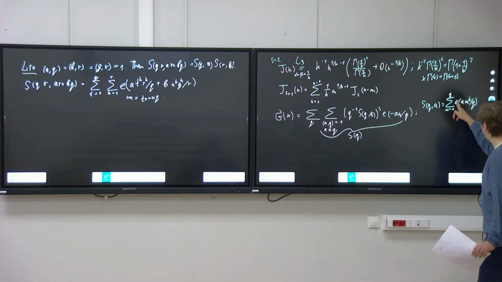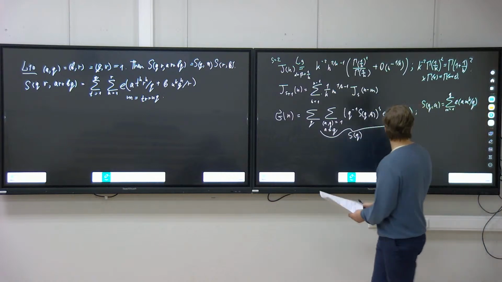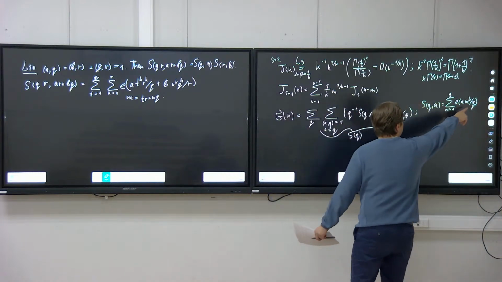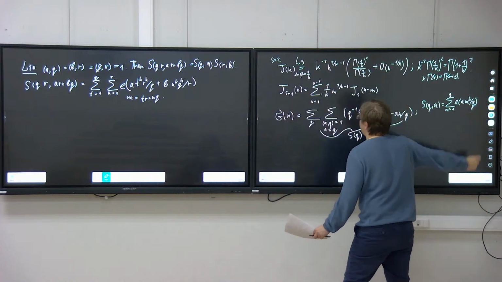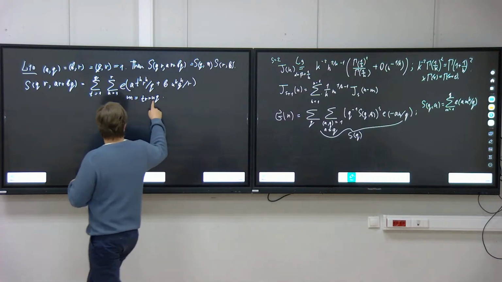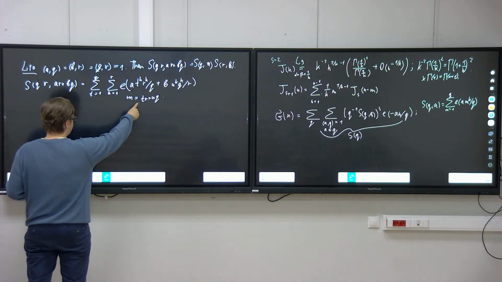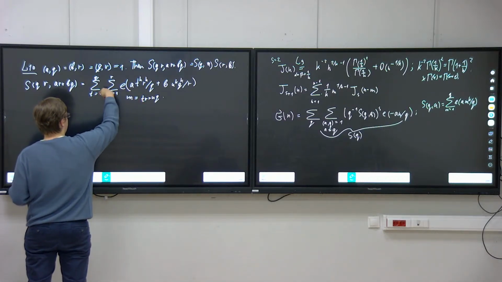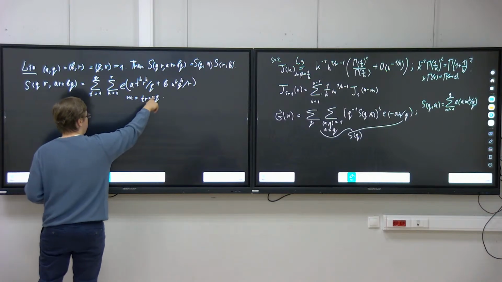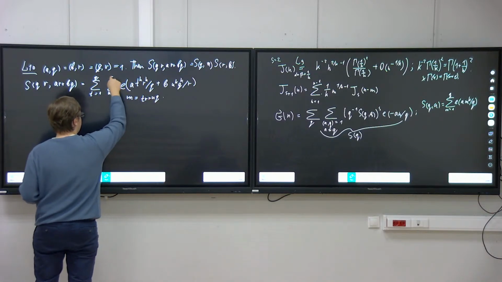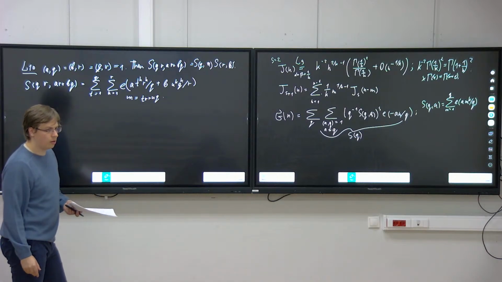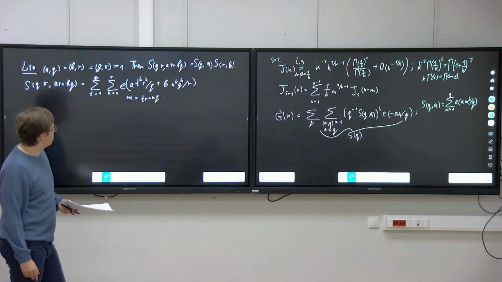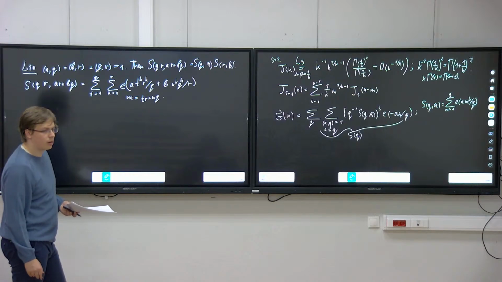Here it is. So every M modulo Q, with the sum, depends only on M modulo Q. So if T runs from 1 up to Q, U runs from 1 up to R, this sum runs over all residues modulo QR.